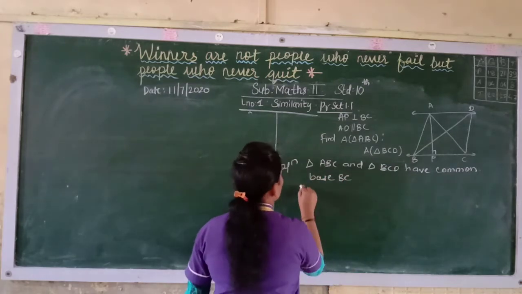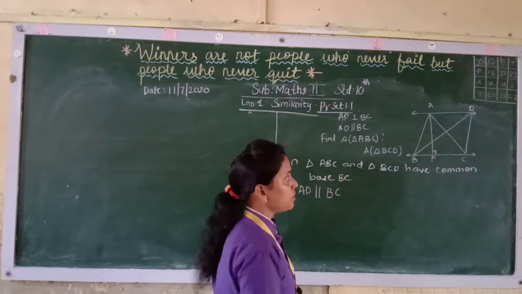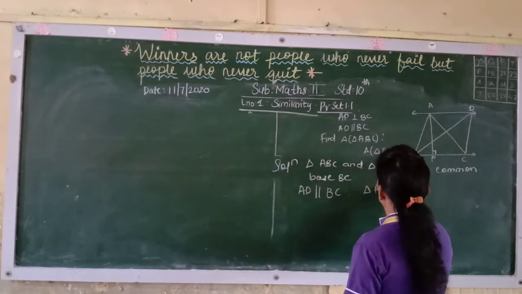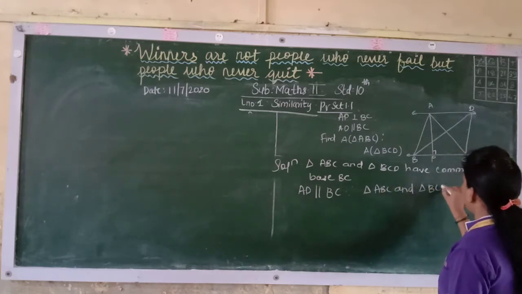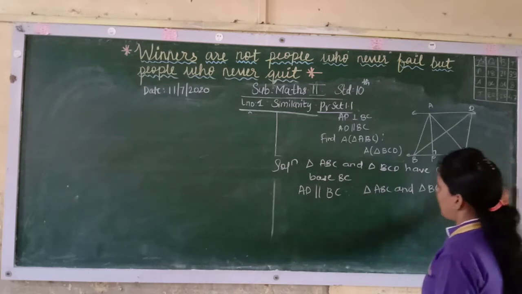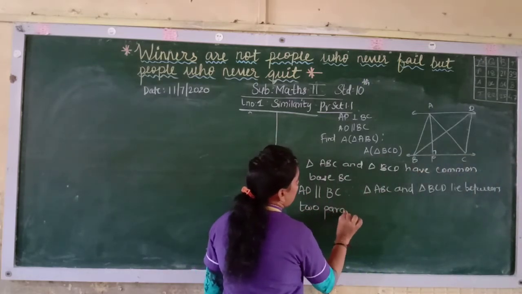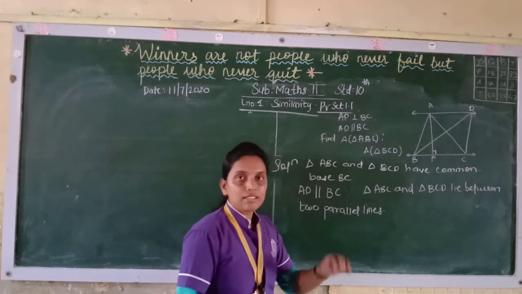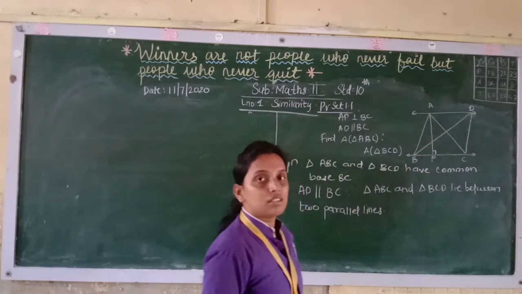Also it is given that AD is parallel to BC. Therefore you can write, triangles ABC and BCD lie between two parallel lines. If they are lying between two parallel lines, the distance will remain constant, which means the height will be the same.